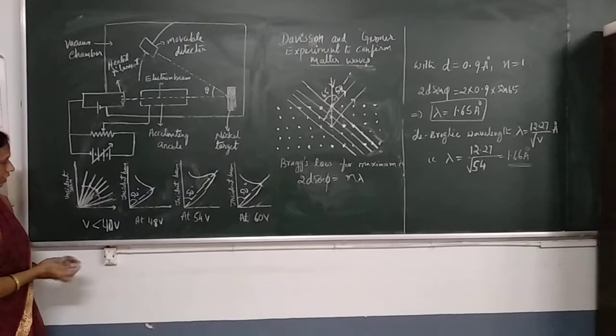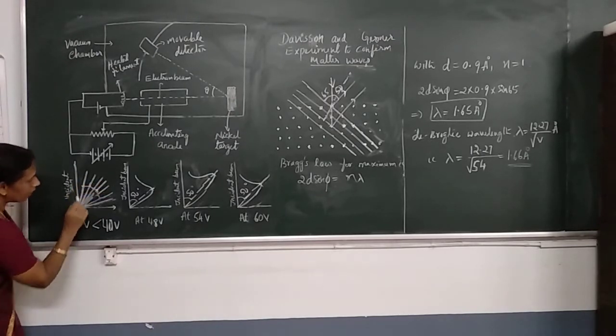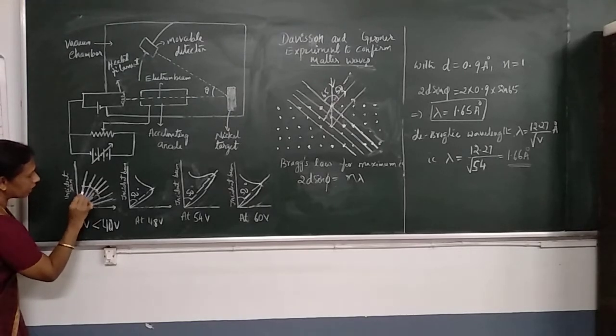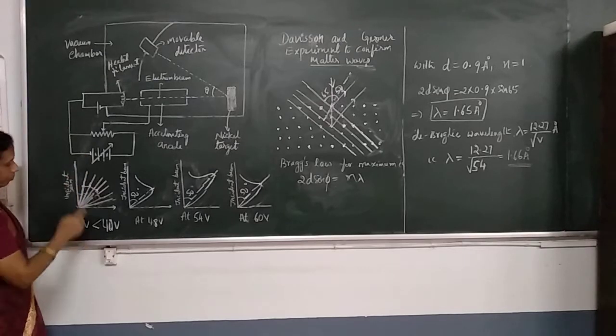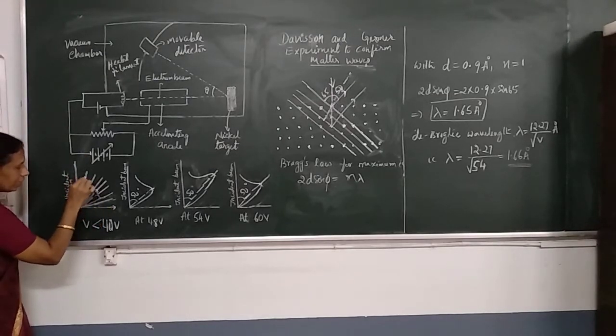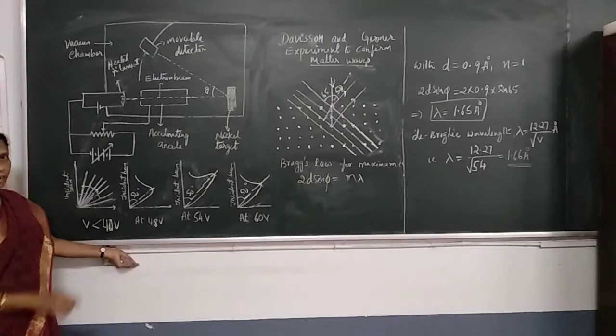These are the different angles of deflection, and these lines represent the current or the intensity registered by the galvanometer.